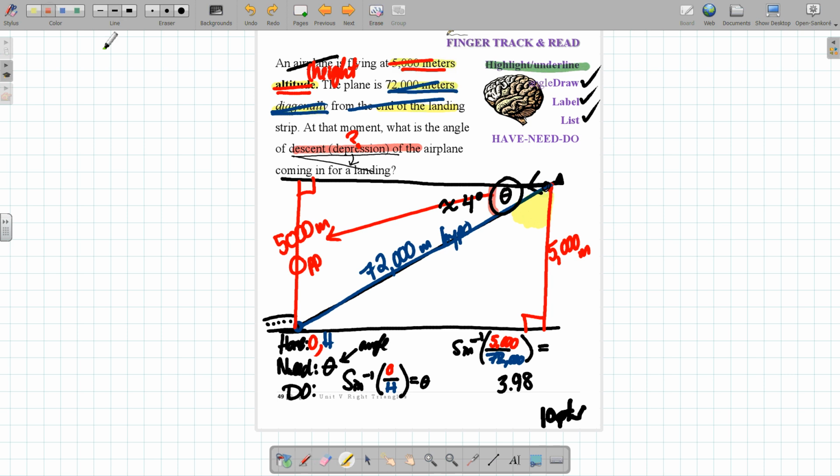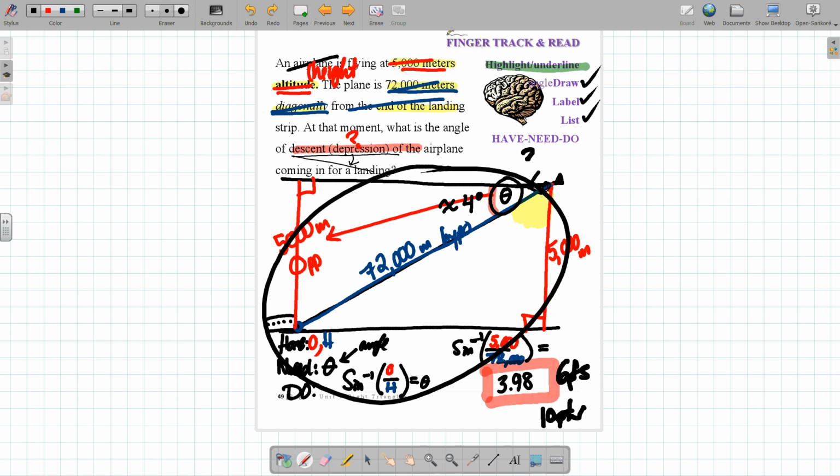The points are not 10 points just for the answer. The answer itself may be worth 6 points. But then all the work and the diagram may be worth 3 points. That's only 9 points. What else am I going to count?